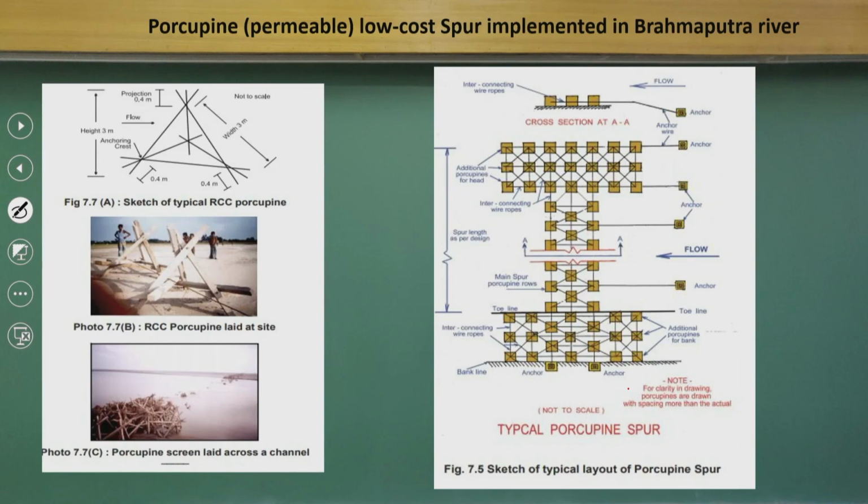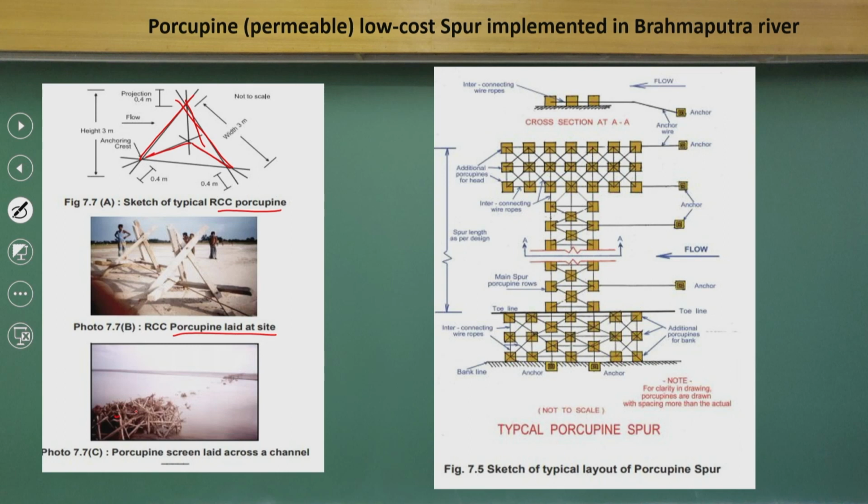So, what we do is a very simple concept called the Procopine, a low cost permeable spur implemented in the Brahmaputra and some other smaller rivers. We can have RCC Procopines, the same concept, which can be laid at the site, and you can see the photograph of the RCC Procopines and the dumping of the RCC Procopine.